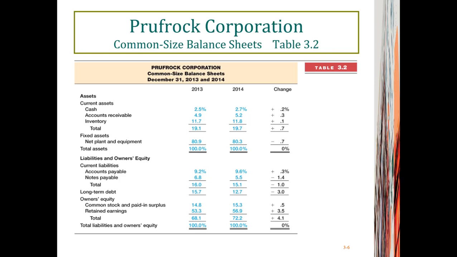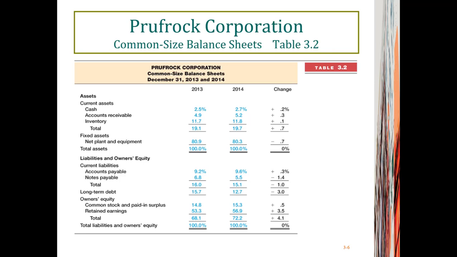And here we express all items in percentages of total assets. For example, cash in year 2013 accounted for 2.5% of its total assets. And here you see the distribution of different types of assets within this company. For year 2013, a little over 19% of assets are current assets, and a little over 80% of assets are fixed assets.